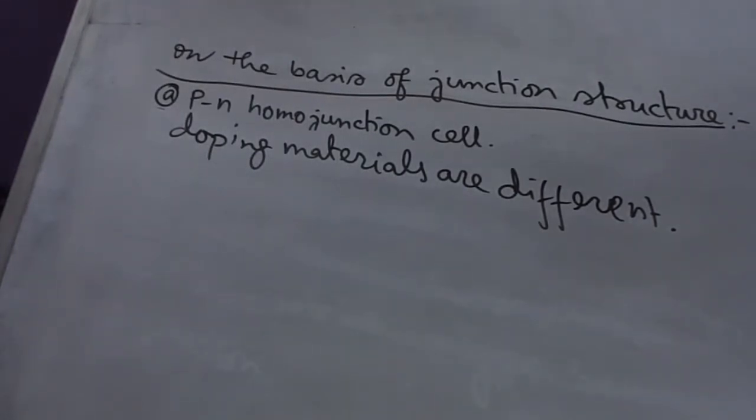Most of the electron hole pairs generated in the top layer are lost to recombination when they are created more than a diffusion length from the junction. On the other hand, in a heterogeneous PN junction, two dissimilar semiconductor materials such as group 3-5 or group 2-6 compound semiconductors are used.